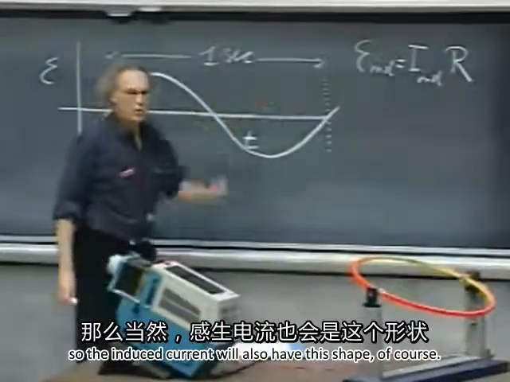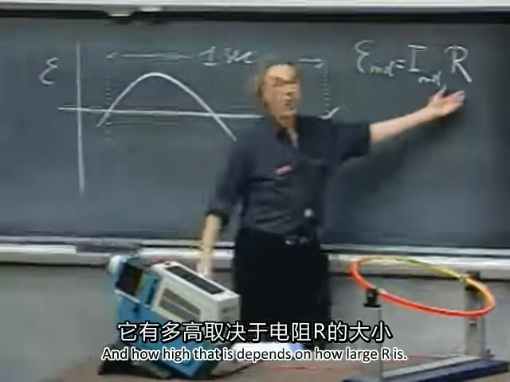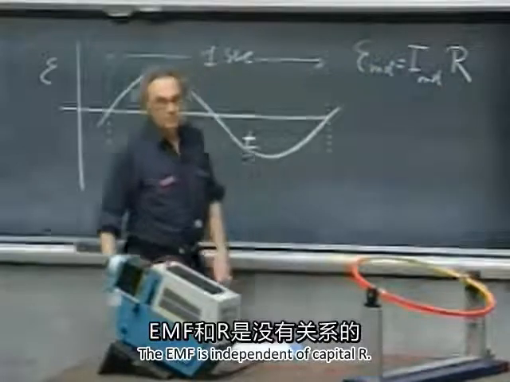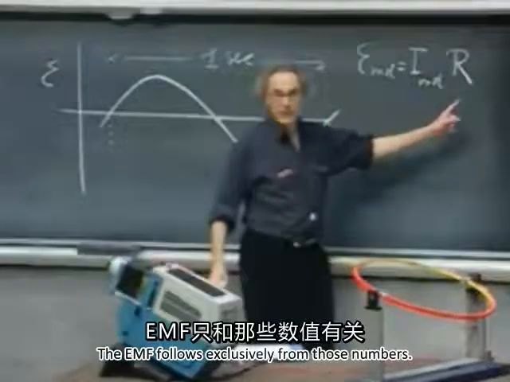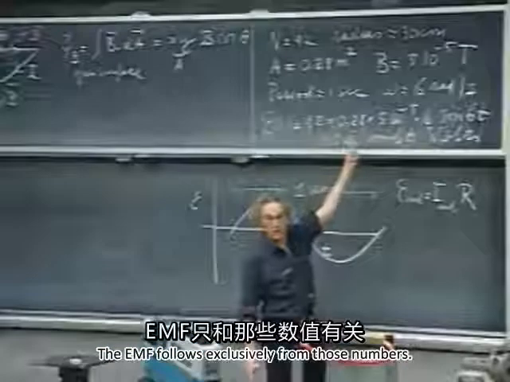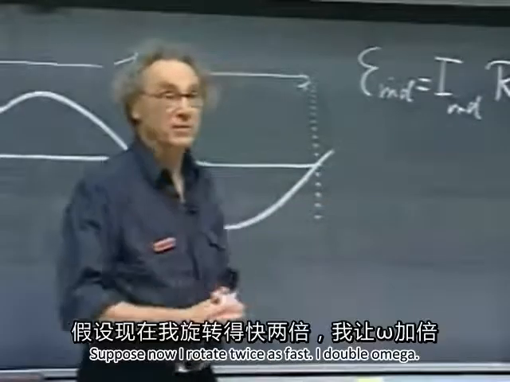So the induced current will also have this shape, of course. And how high that is depends on how large R is. But the EMF is independent of capital R. The EMF follows exclusively from those numbers. It's the current that depends on what the resistance is.